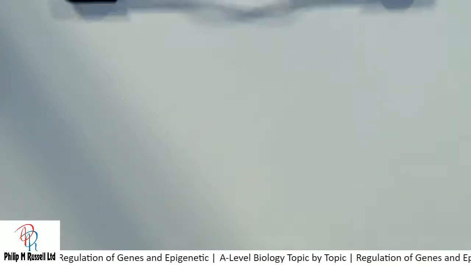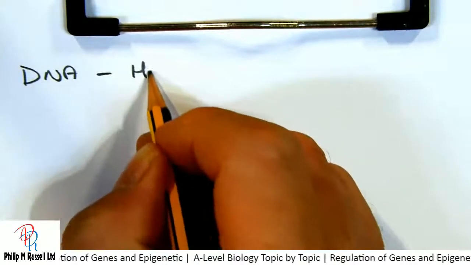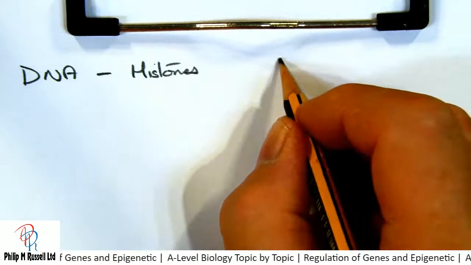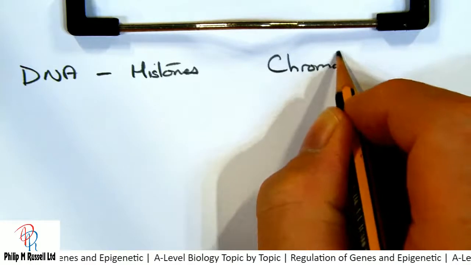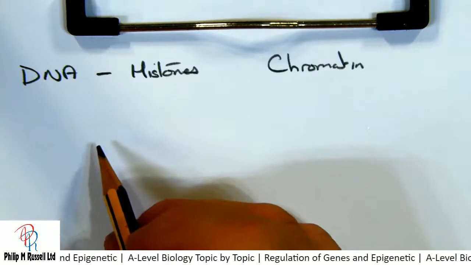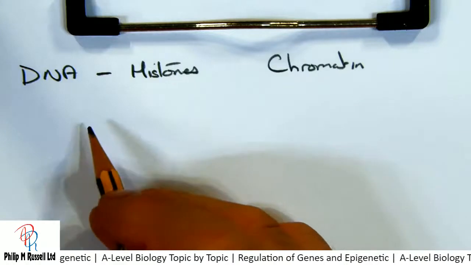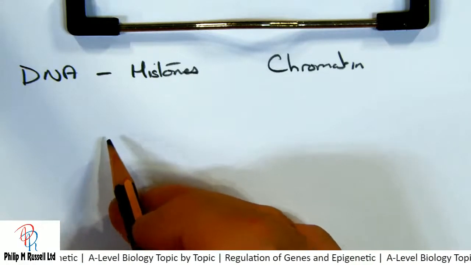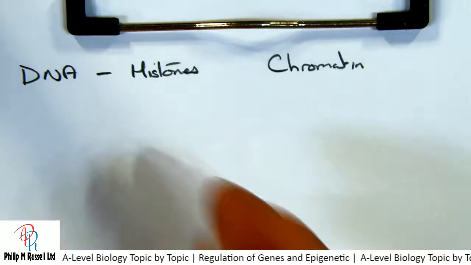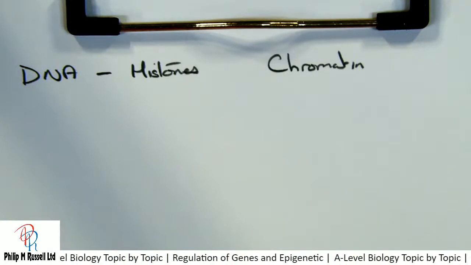So we've got this DNA combined with histones, and this is given a particular name. It's called chromatin. So where the association of histones and DNA is weak, we've got less well packed, less condensed, then the DNA can be accessible to various transcription factors which can produce the mRNA.